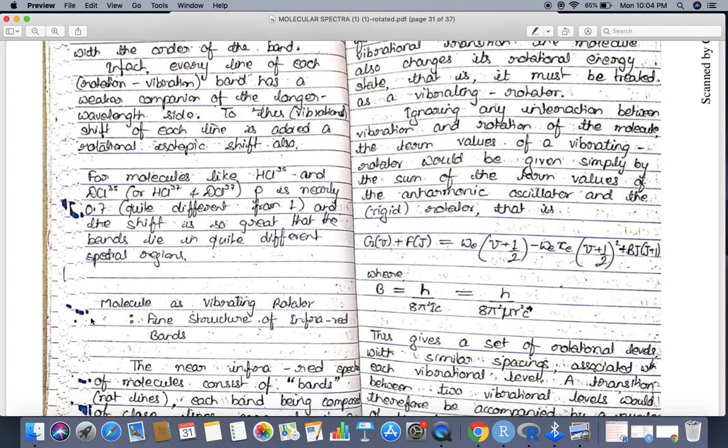This is a very crucial lecture for tomorrow, and it will be a bit lengthy, because we'll be discussing the molecule as a vibrating rotator, the infrared bands, the concept of the R branch and the P branch, and this is very important. We'll be discussing it tomorrow. Thank you.